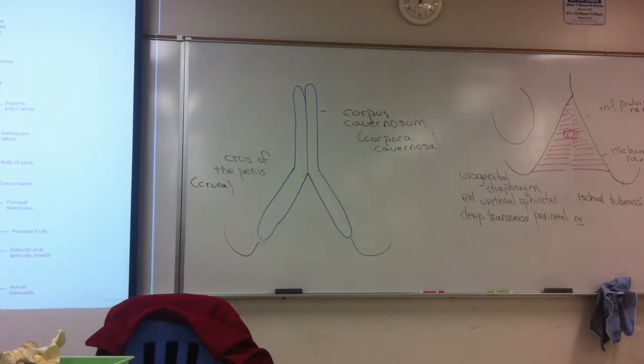Up here, corpus. Now, neither of these structures contain the urethra. Right? So in the sagittal section, we're looking at these two structures here. So these are the two corpora cavernosa when we're actually in the shaft of the penis.